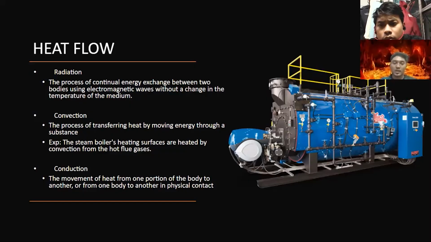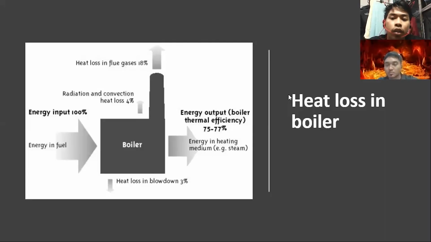I will pass the second topic to Muhammad Aidid. I will go through the heat loss in the boiler. For the energy input, the energy comes from the source of fuel, so the energy input will be 100%.